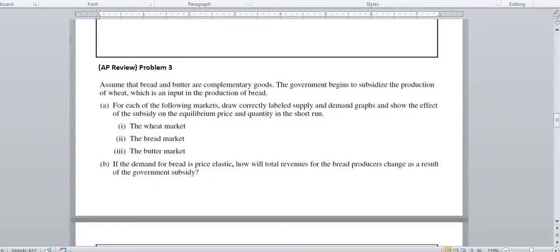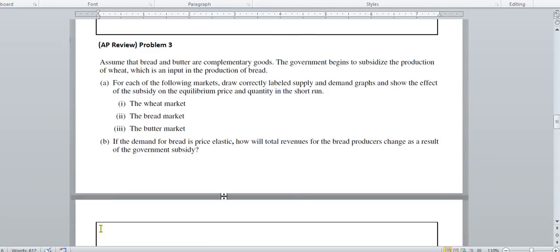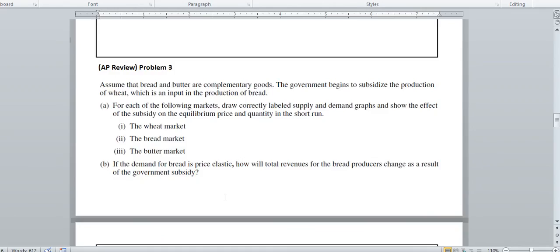So you just think about the government subsidy moving the supply curve out to the right, and then you can think about how a very elastic demand curve is going to affect the relative changes in price and quantity. Okay, and that should help you with problem number 3. All right.